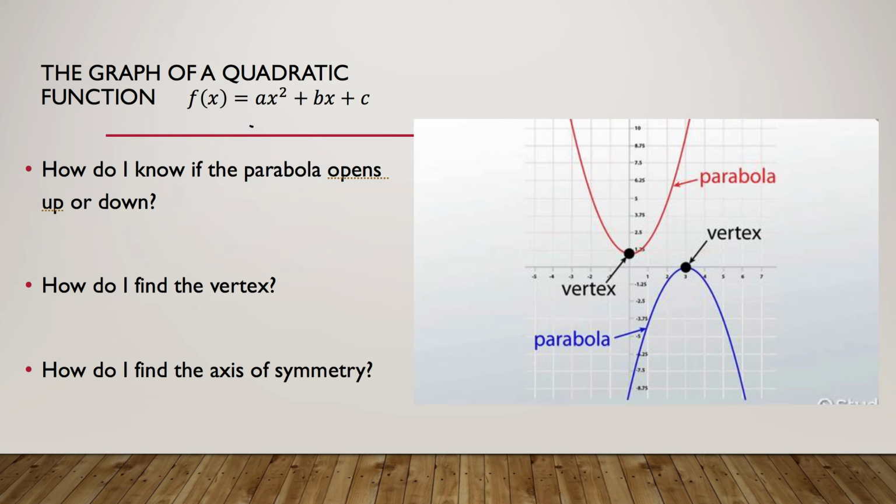The way that we determine whether the parabola opens up or down is by the a value in the quadratic function. If the a is greater than 0, then the parabola should open up. And if the a is a negative number, less than 0, then the parabola should open down.